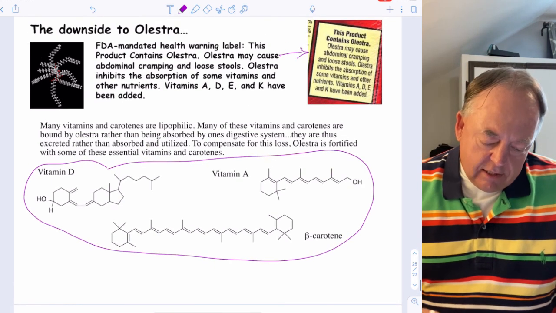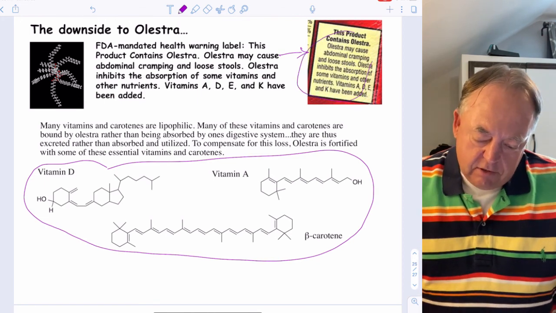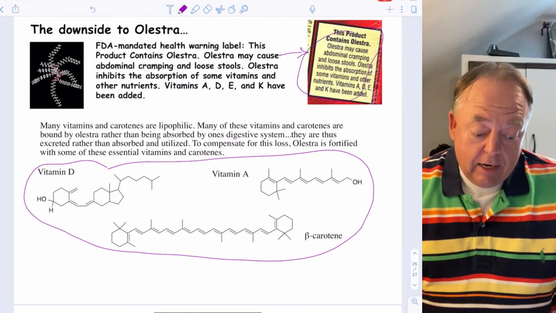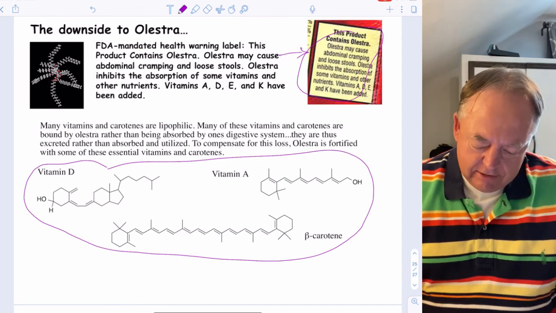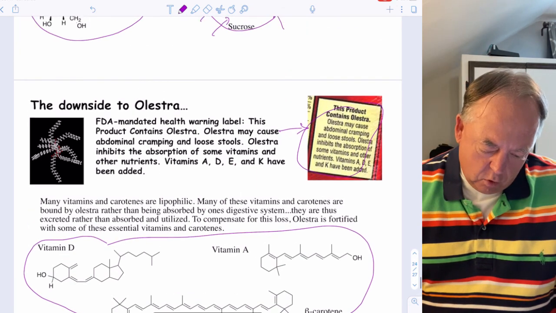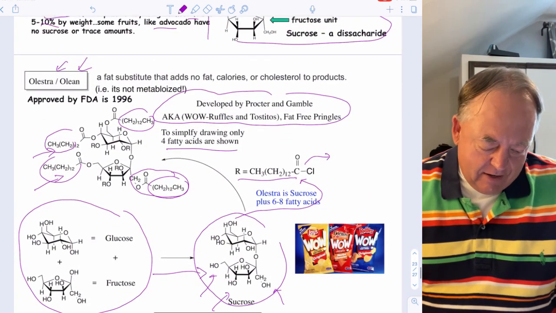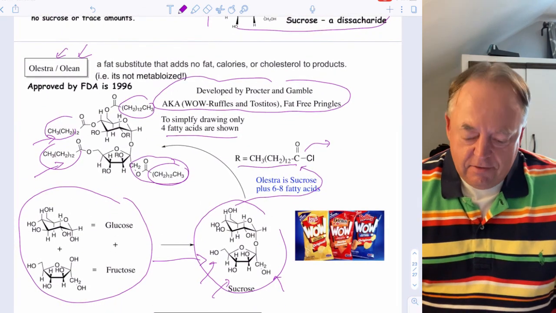But another downside to it was, well, you can read it here. Basically, it can cause diarrhea if you eat enough of it. So that's a pretty good downside to eating a whole bag of chips that have olestra in it.